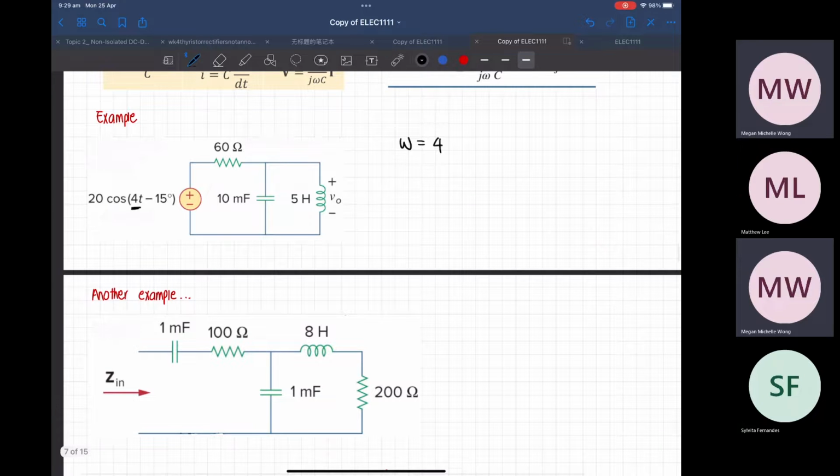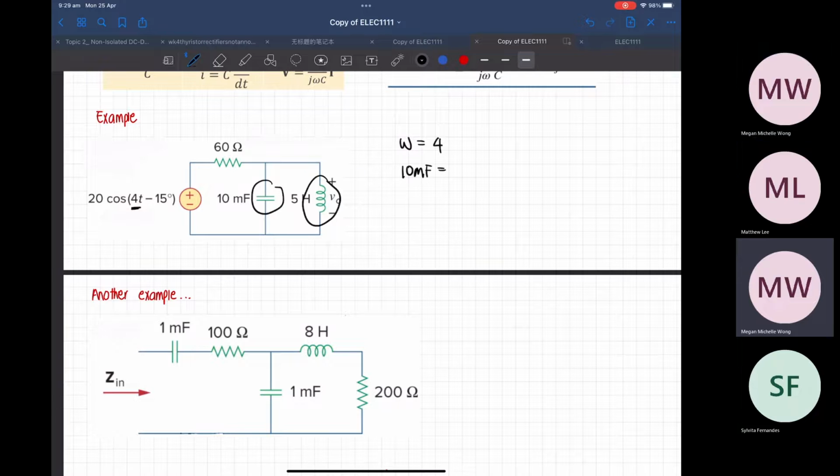And then the first thing that you need to do is change everything into impedance form. So for example, these two things, I need to change to impedances. So 10 millifarad would become 1 over j omega C, which is, how much is that? j times 4 times 10 to the minus 3.